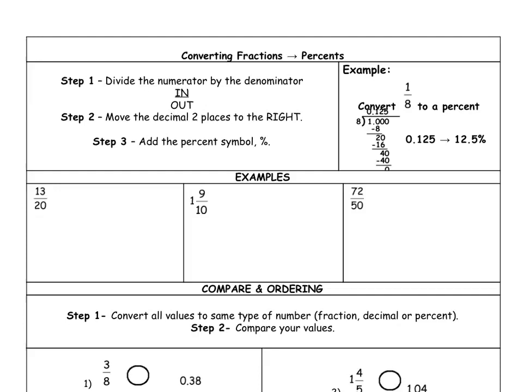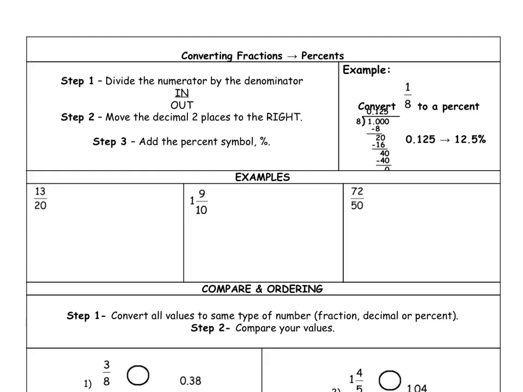So divide the numerator by the denominator. Remember, the numerator is what goes inside my box, which is the top number, and the denominator is going to go outside my box. So that's the out. You're going to move the decimal 2 places to the right and add the percent sign.